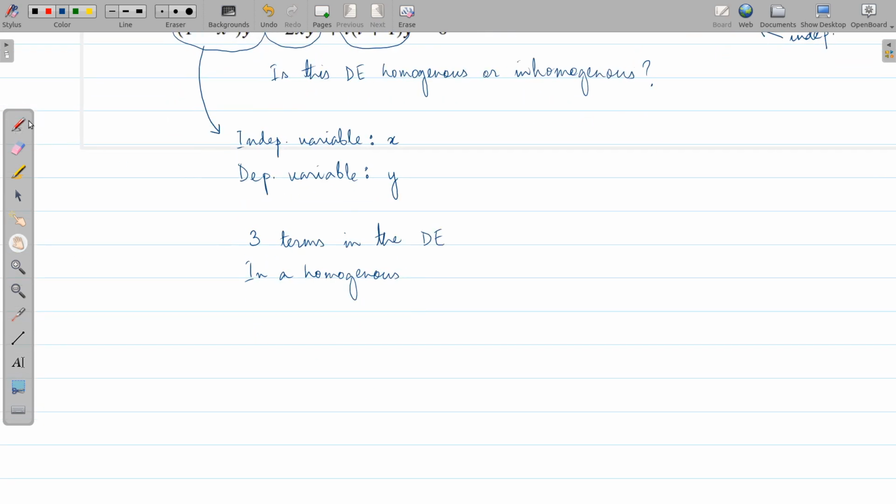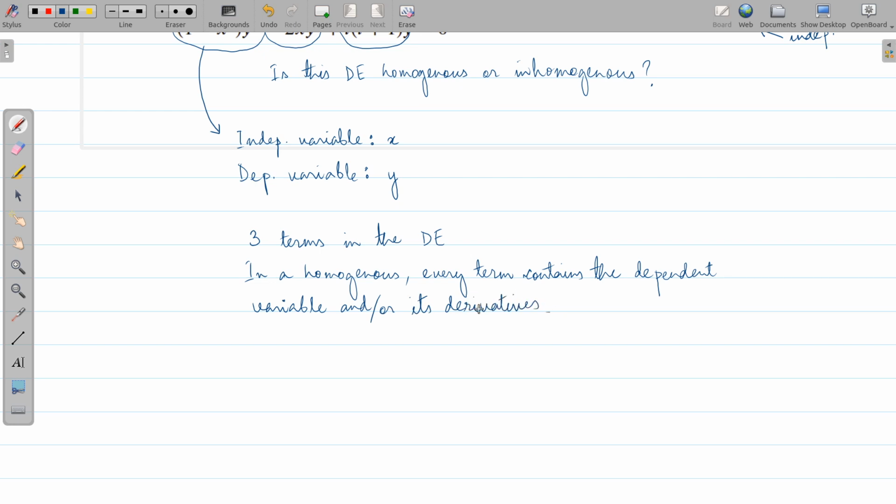Okay, so in a homogeneous equation, what happens is every term contains the dependent variable and or its derivatives.